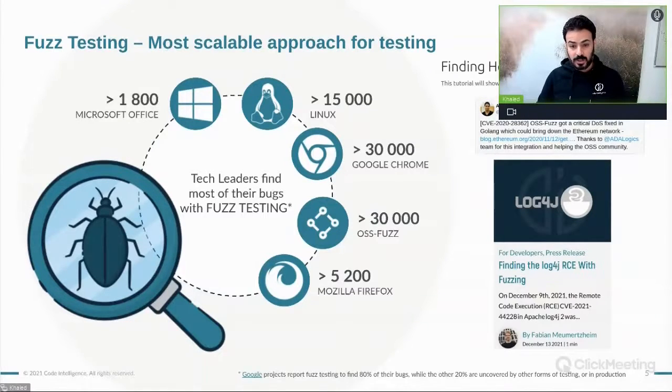Tech leaders like Google and Microsoft find most of their bugs with fuzzing. Even some projects at Google find around 80% of their bugs with fuzzing. And it's clear from the examples we show here that fuzzing is able to tackle complex software like the Linux kernel, the Chrome browser, Microsoft Office, or the Mozilla Firefox browser.